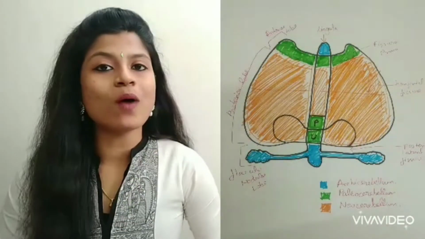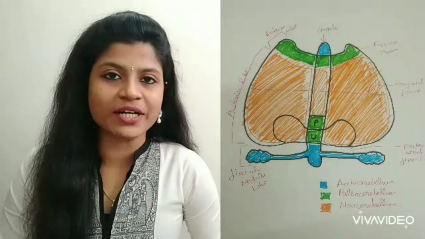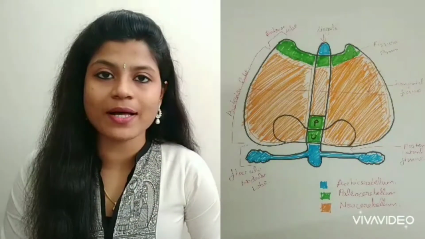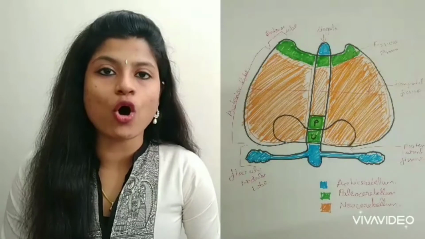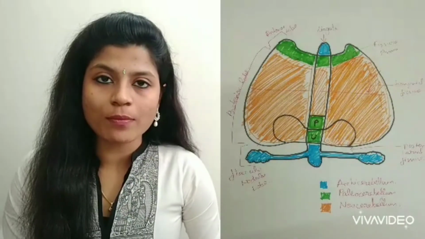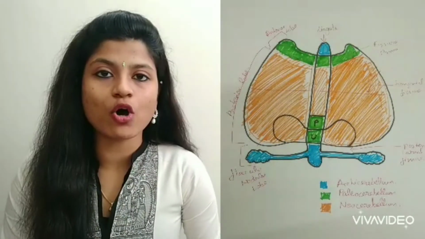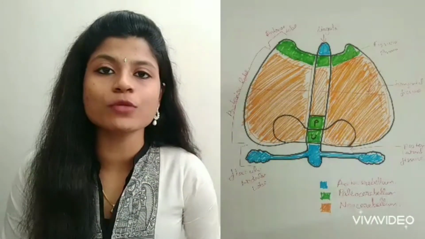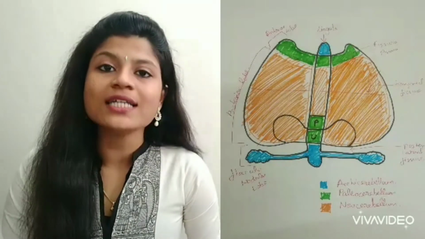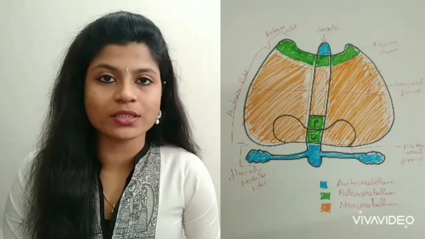Neocerebellum: it is the most recent part of the cerebellum to develop, and it consists of the middle lobe, which is the largest part of the cerebellum, and it is concerned with the smooth performance of skilled voluntary movements.